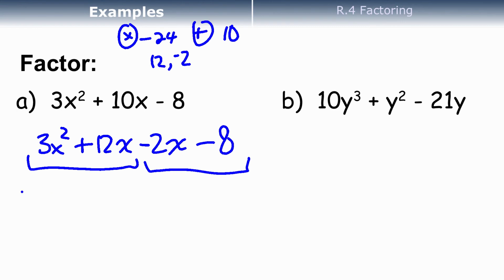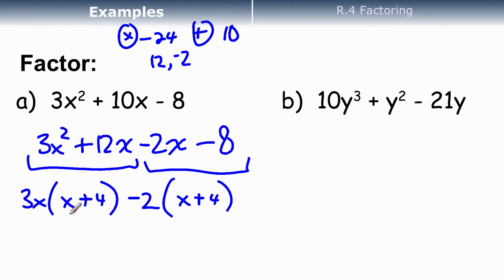So out of the first I can take a 3 and an x, leaving me with an x plus 4. Out of this one I can take a negative 2, leaving me with an x plus 4. Fortunately those two are the same, so I bring that out front, factor it out, and I'm left with a 3x minus 2.